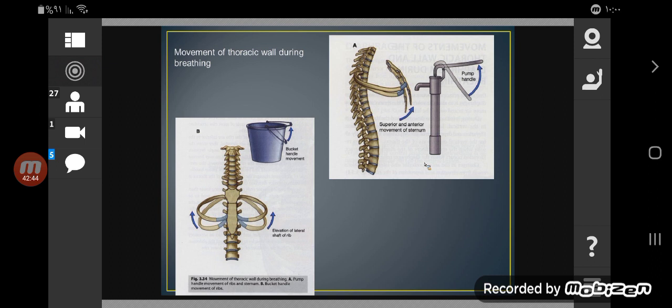In total you have a very large expansion of the thorax, and air is inspired because of this combined movement.